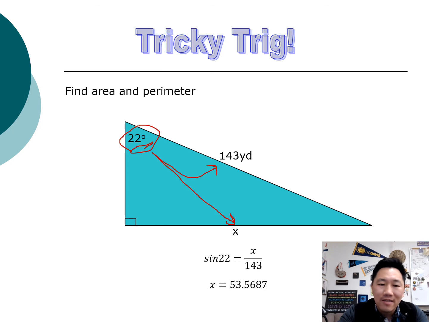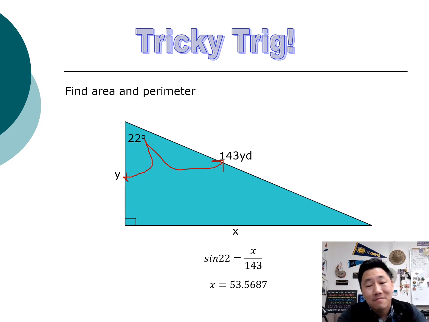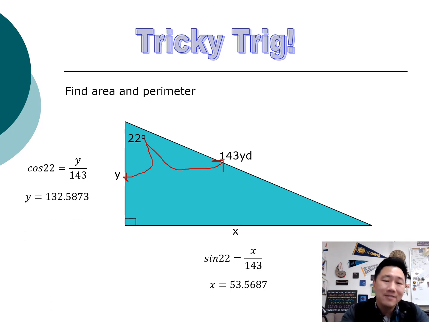Then we have to do the same thing for the height. We'll call it y. How does the 22 degrees relate to the y and the hypotenuse? I think it's adjacent over hypotenuse, which you know is cosine. So cosine of 22 equals y over 143. Solve it out, and now we have the base and we have the height.